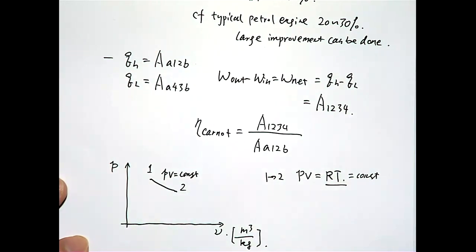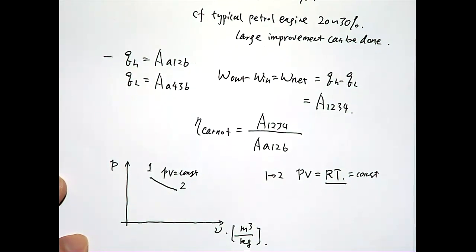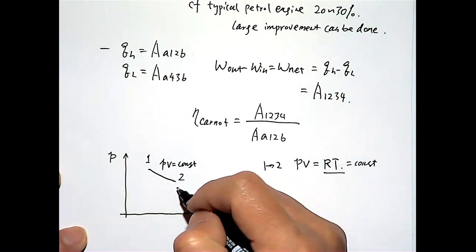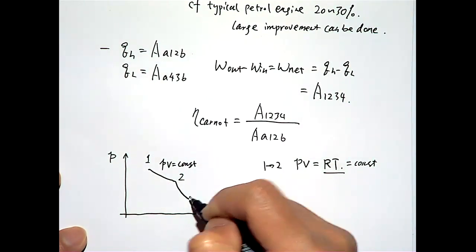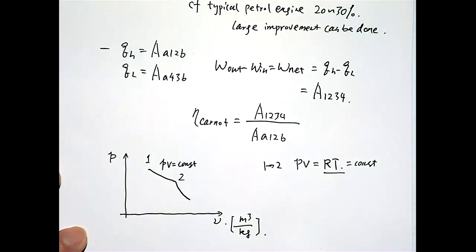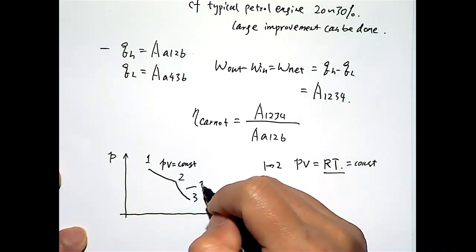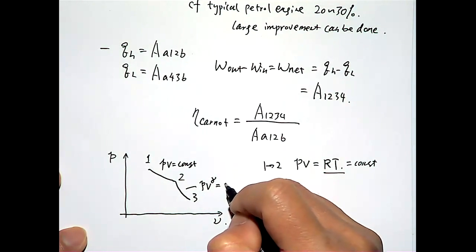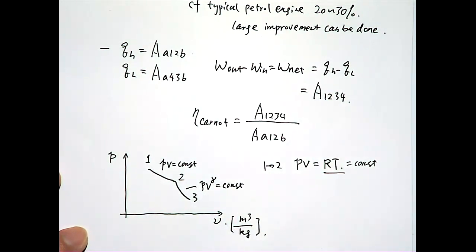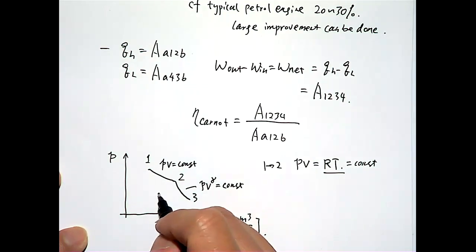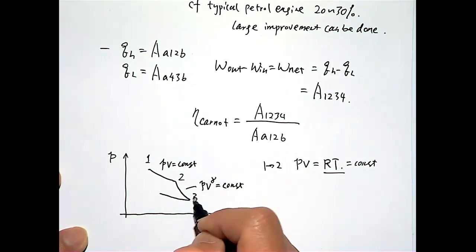And then you have isentropic expansion. The volume further increases, but follows another curve, going to state 3. In this case, you would have PV^gamma equals a constant, because this process is isentropic. If you plot pressure and volume, they should follow this equation. And then the other two, just reverse it.